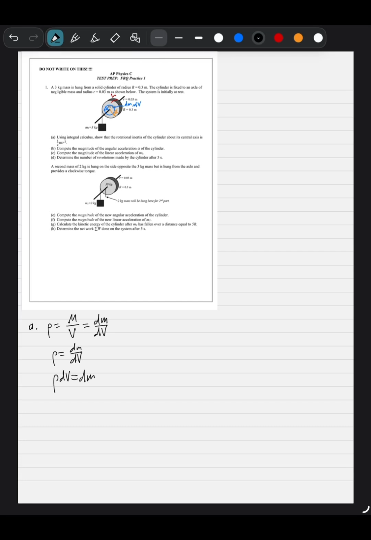I'll isolate dm, and then you can rewrite dv as the circumference of the blue circle times its thickness, which is dx, and it has a height. So using the integral expression of inertia, we can replace dm.